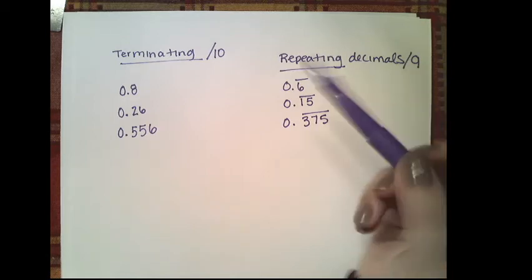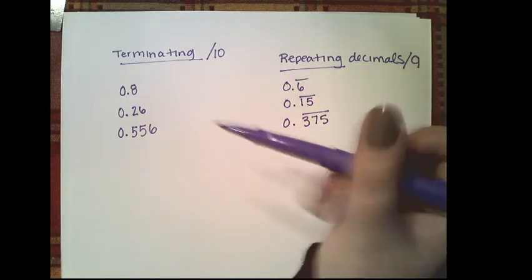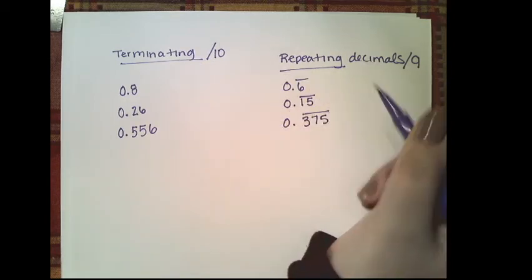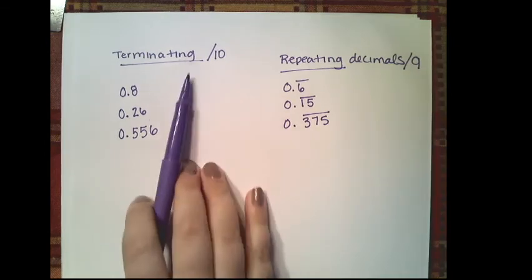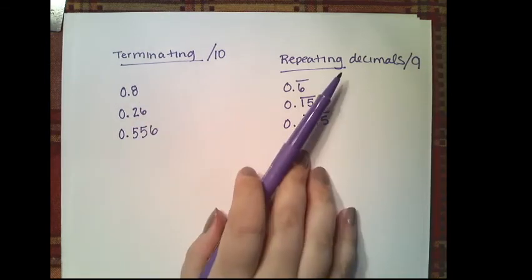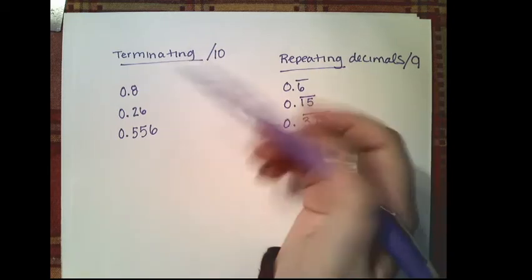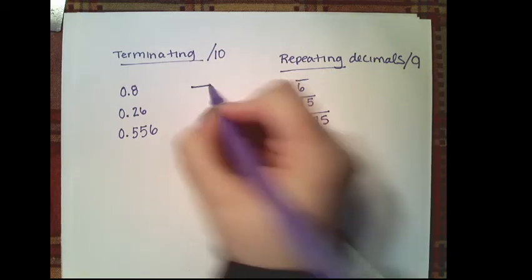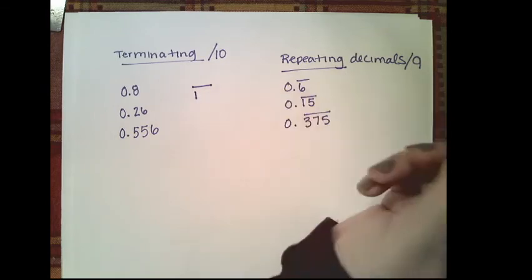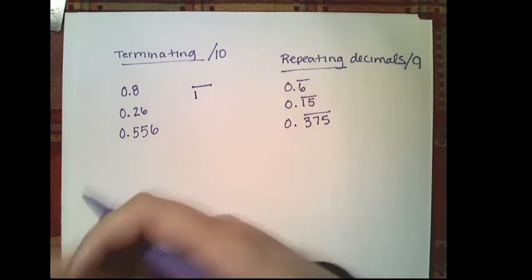So when we are talking about converting these from decimals to fractions, we need to look at whether it's terminating or whether it's repeating. So if it's terminating, it's ending. It is going to be out of 1 and something else.